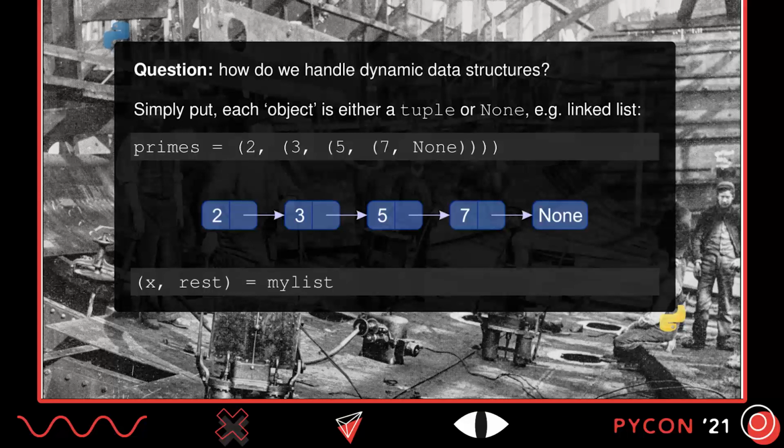That is, if we just use tuple unpacking, like you see at the very bottom of this slide, so we say x, rest = mylist, we have the problem that if mylist finally ends up being None, it doesn't really unpack into x and rest. We have an error: we can't unpack None into two elements. How do we deal with that?